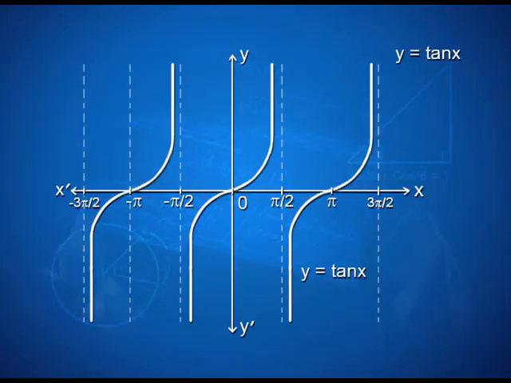Let us see how the graph of the function y is equal to tan x looks like. X dash O X is the x axis, Y O Y dash is the y axis, and we can see that the graph is increasing from 0 to pi by 2, but it is not touching the line x is equal to pi by 2.